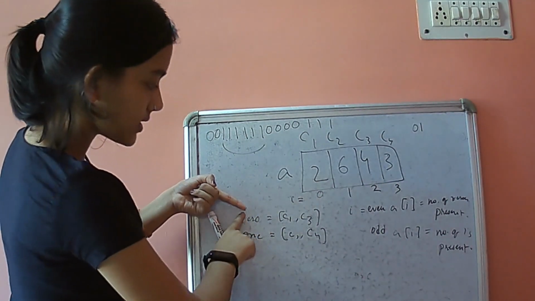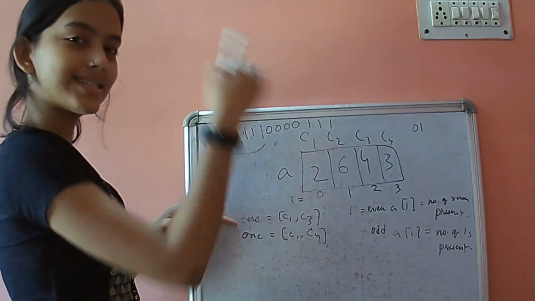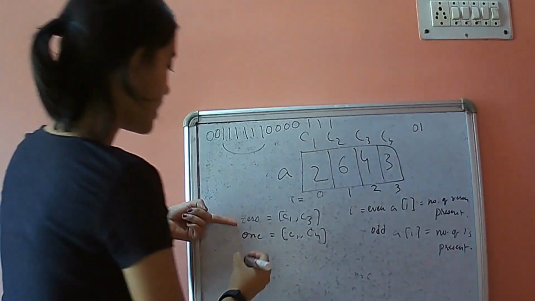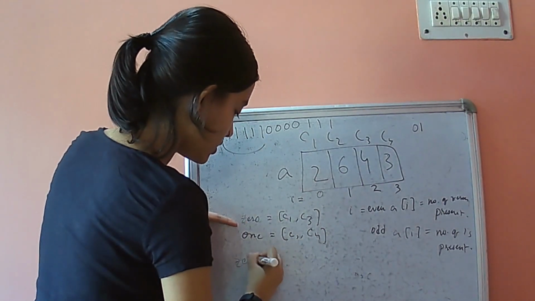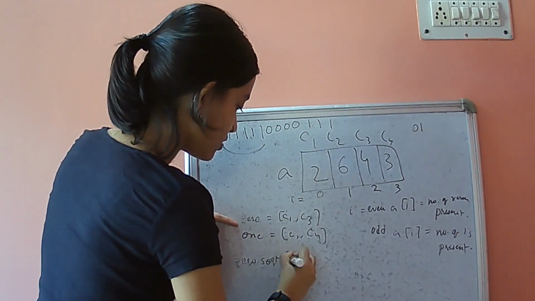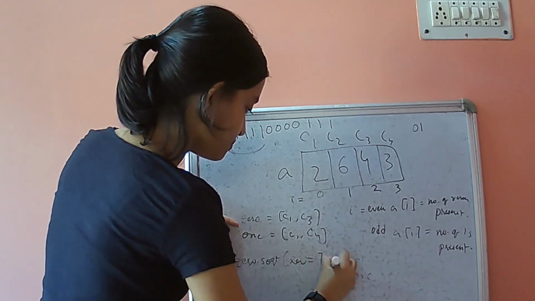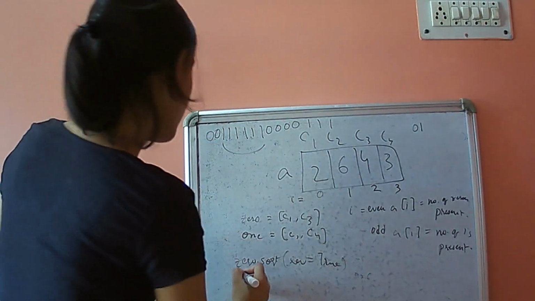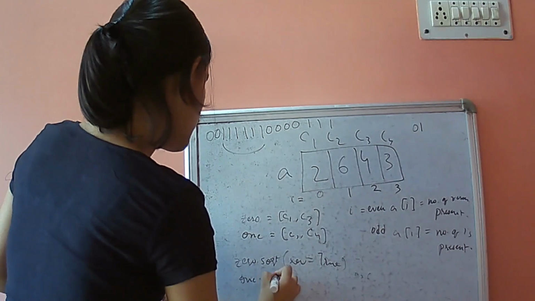We sort the array of zeros in descending order, so 0 dot sort with reverse equal to true. And simply 1 dot sort.